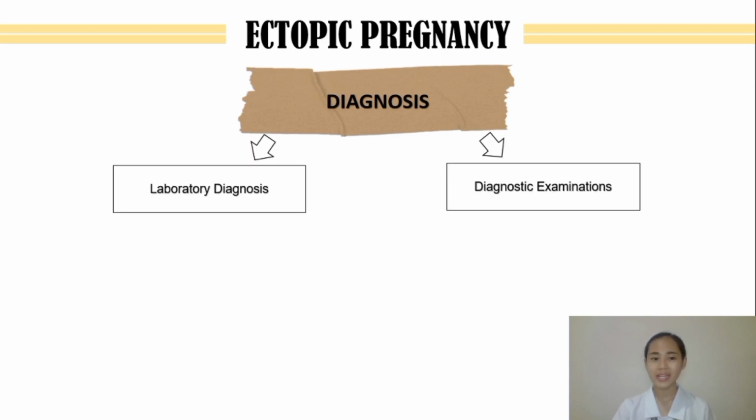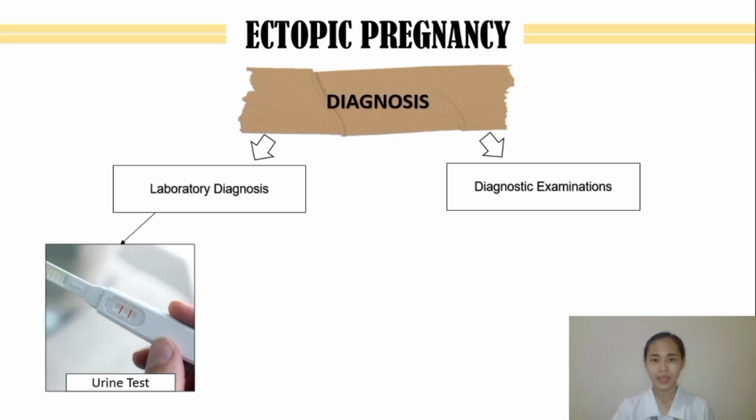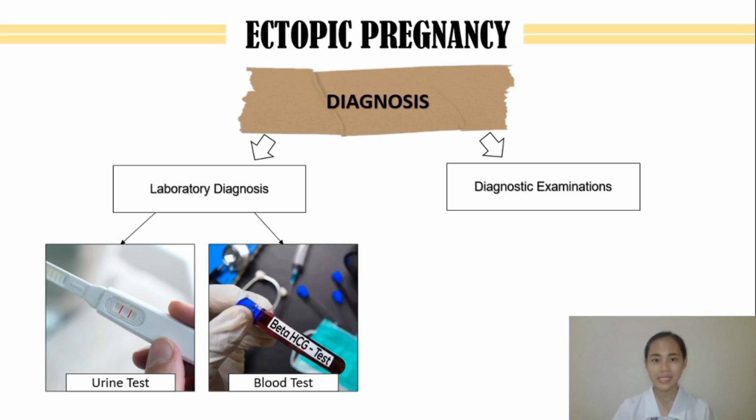Diagnosing ectopic pregnancy. We have two types. First is the laboratory diagnosis. In laboratory diagnosis, a urine test is taken to confirm the pregnancy of a woman. Second, a blood test, especially of the levels of the pregnancy hormone, which is the HCG, or human chorionic gonadotrophin hormone.